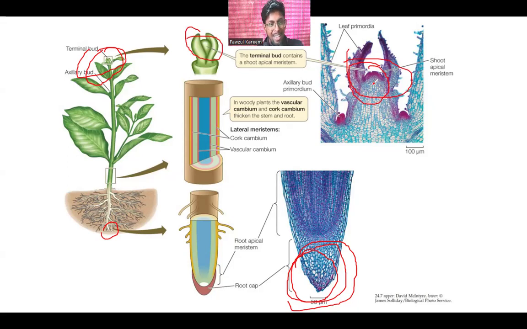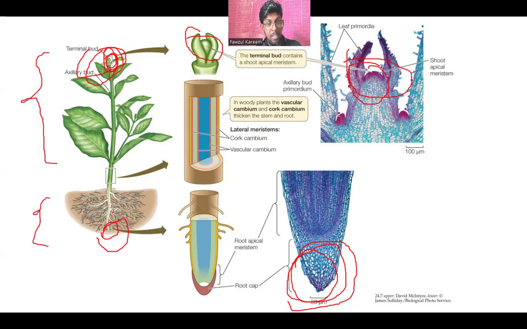These are the buds, the shoot apex. Here, shoot apex. In this area, root apex. This is the shoot system, and here this is the root system.